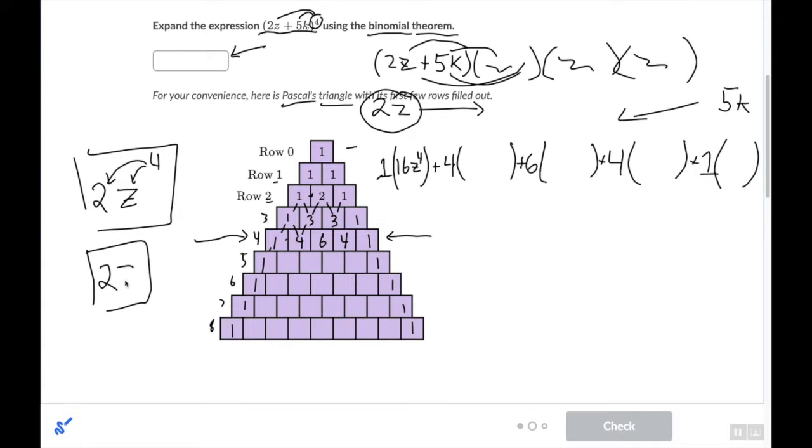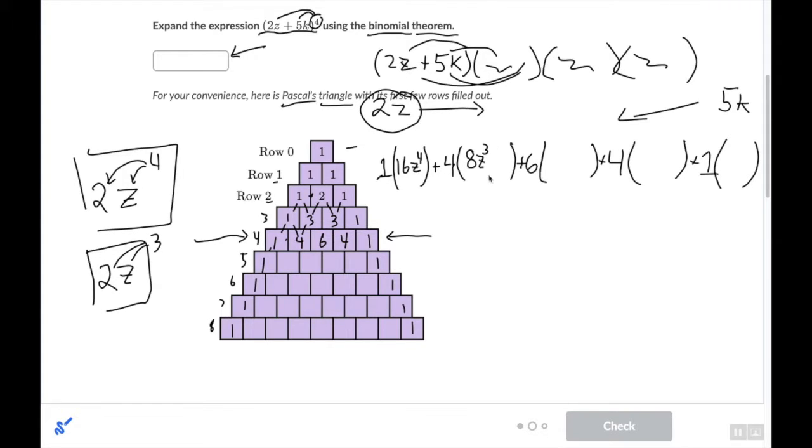So for our number 4 slot, we're only going to raise it up to the 3. That means this z gets raised up to the 3, and the 2 gets raised up to the 3. And 2 cubed, everybody should know, is 8. Type it in the calculator if you don't believe me. And we're going to have 8z raised up to the 3.